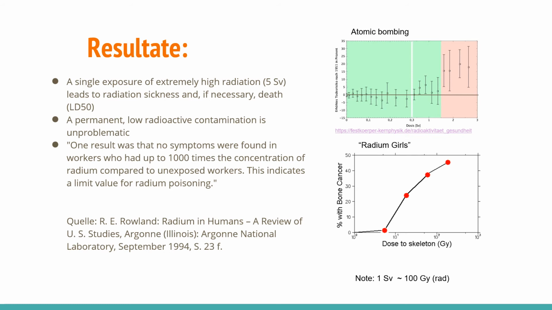The first thing is that radiation to count radiation is not quite simple. You have special units called sieverts, and if you have 5 sieverts, that's an awful lot of radioactivity. You get radiation sickness, and your lethality rate is 50%. 50% of the people will die if they have such a high radioactivity.